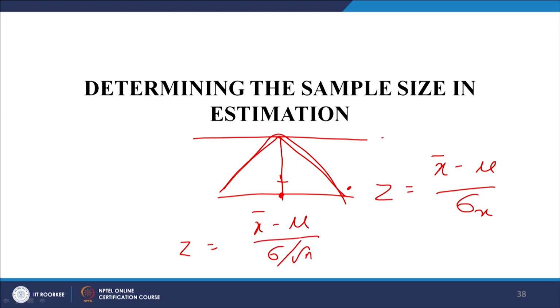So, I can simply calculate n, the sample size, from here also if I know the Z value, right. So, Z into sigma by root over n is equal to x bar minus mu. This implies Z sigma divided by x bar minus mu is equal to root over n.